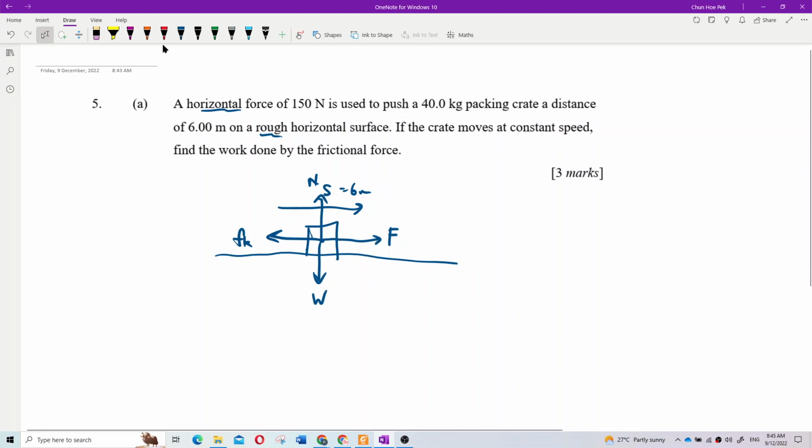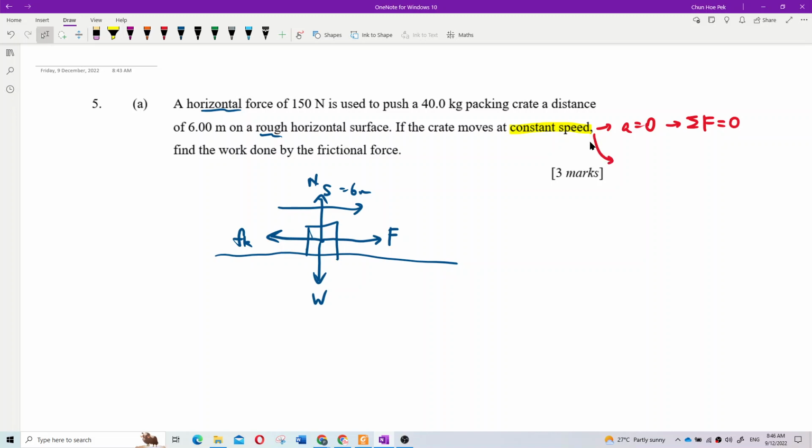Constant speed. One thing we know about constant speed is acceleration 0. These are very important keywords. You must look for the words constant speed. Acceleration 0, and then the total force is 0, isn't it?